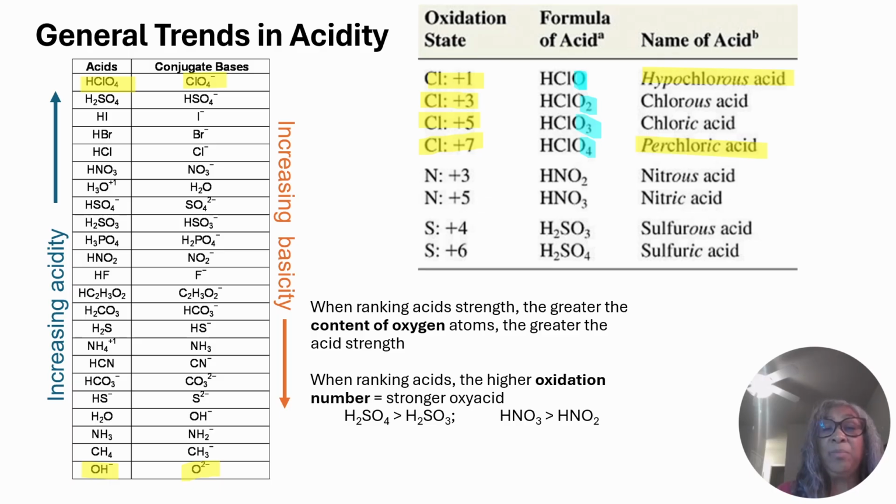The greater the number of oxygen atoms in oxoacids, the stronger the acid. Observe the most acidic acid on the left table is perchloric acid, and that the oxidation number for chlorine in yellow in the formula of perchloric acid is increasing from +1 in hypochlorous acid to +7 in perchloric acid.